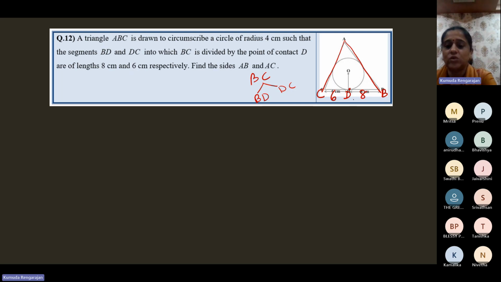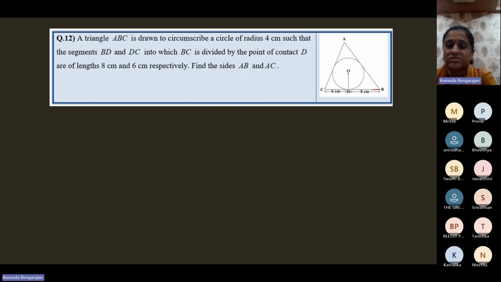We know that BC is 8 plus 6, 14 centimeters. You need to find the lengths of the sides AB and AC. The triangle circumscribes a circle with center O, which means the three sides of the triangle act as tangents to the circle.